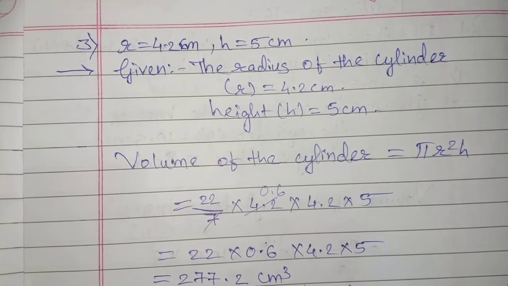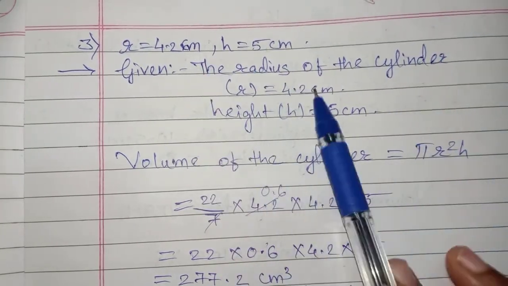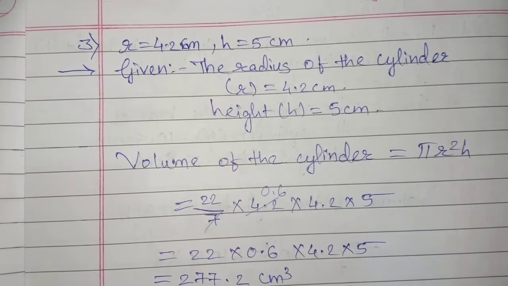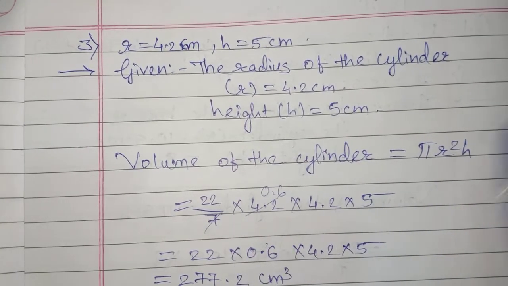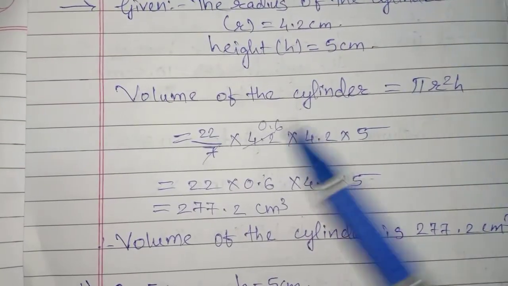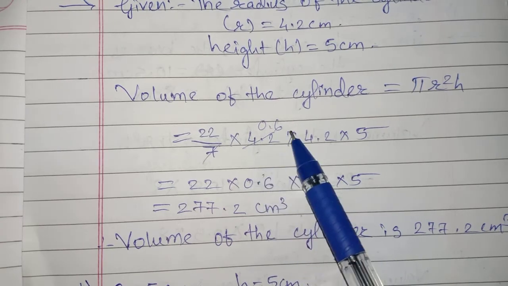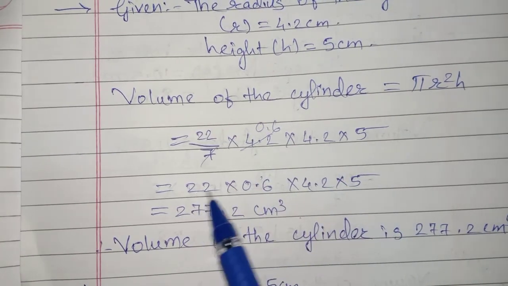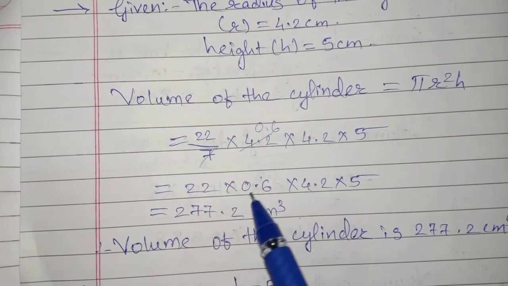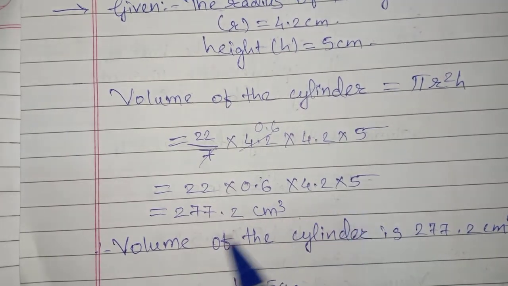Now third one: radius is 4.2 centimeters and height is 5 centimeters. Write given things, then formula pi r square h. Substitute values in the formula. 7 ones are 7 and 7 6s are 42, so you get 0.6 here. Next step, 22 into 0.6 into 4.2 into 5.